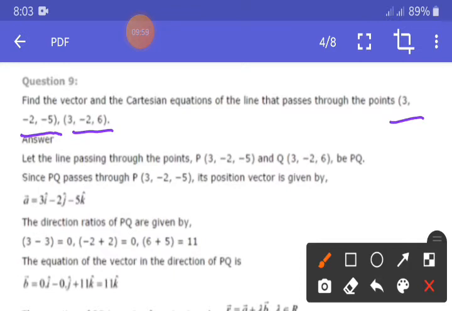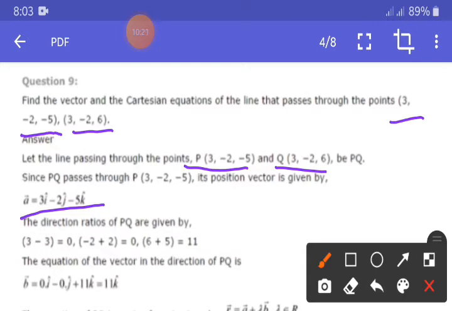So passing through the points, let us consider P and Q. The position vector of P is given by A vector equal to 3i cap minus 2j cap minus 5k cap.